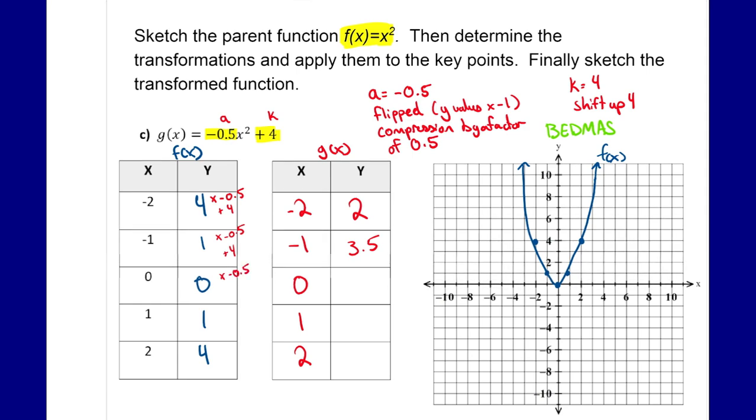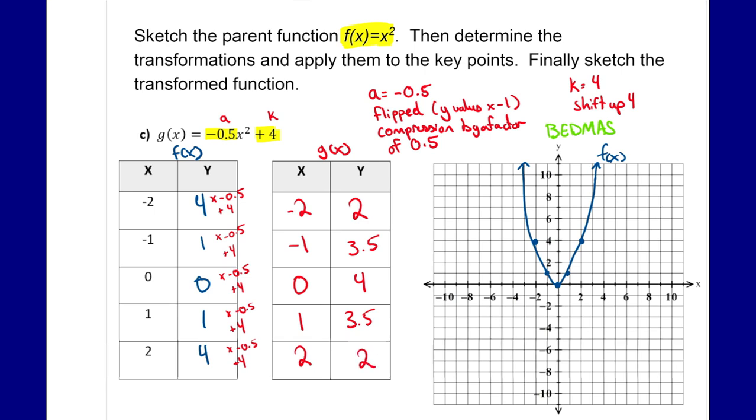And the same thing, we're going to multiply by negative 0.5 and then add 4. Times negative 0.5 plus 4, times negative 0.5 plus 4, we're at 2.